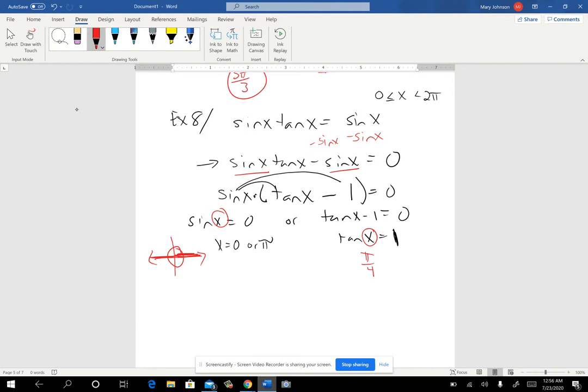That's in the first quadrant. Or you could be over in the third one where you have a negative square root of 2 over 2 and another negative square root of 2 over 2. And that would be 5 pi over 4.